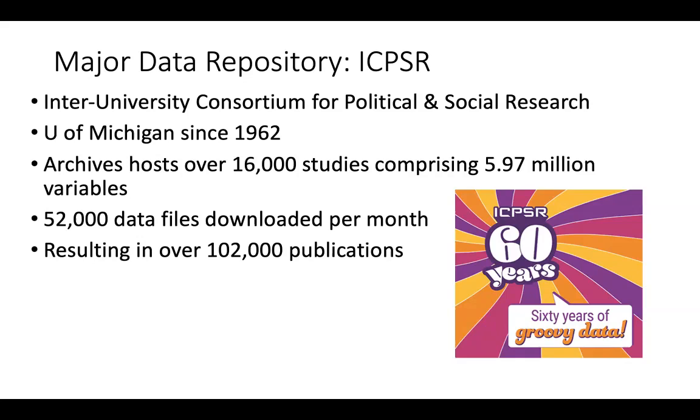The ICPSR archive hosts over 16,000 studies comprising 5.97 million variables. 52,000 data files are downloaded per month, and it's resulted in over 102,000 publications. So that's good evidence that using secondary data can yield publishable articles, 102,000.